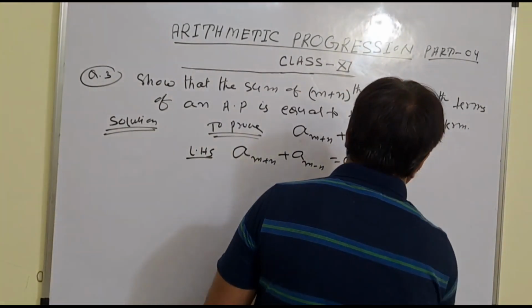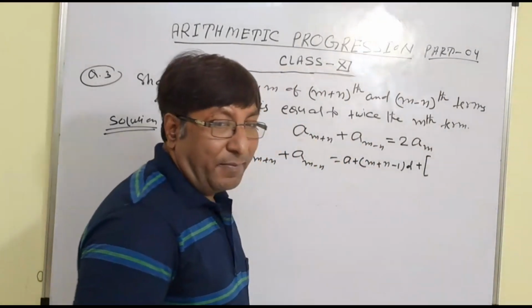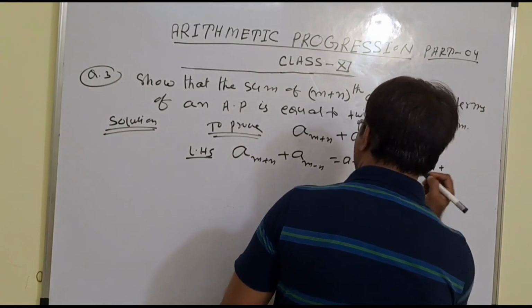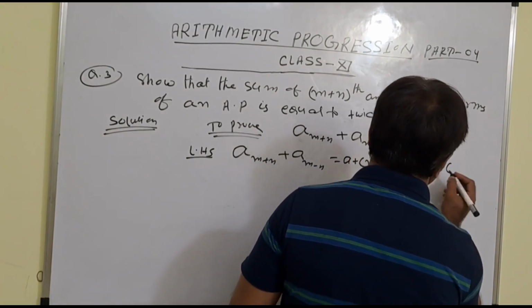Now this is the m minus nth term. Again the same format, A plus n minus 1, so here n is m minus n.